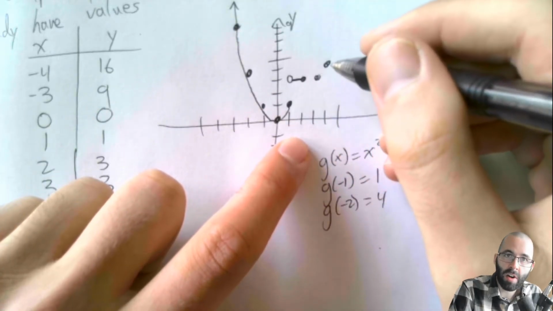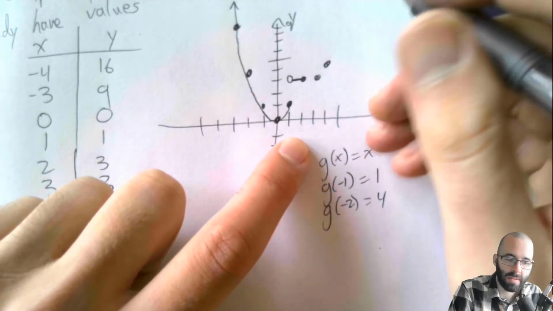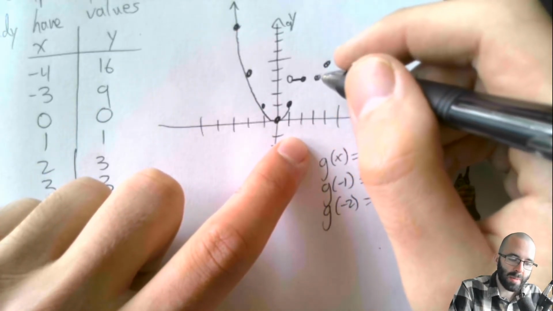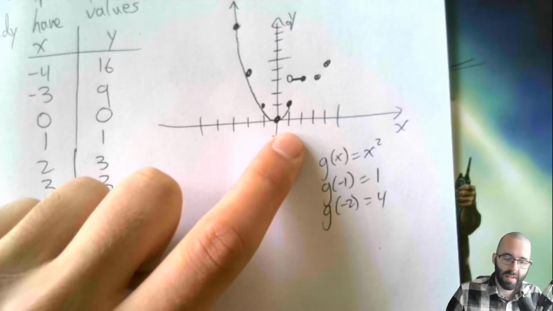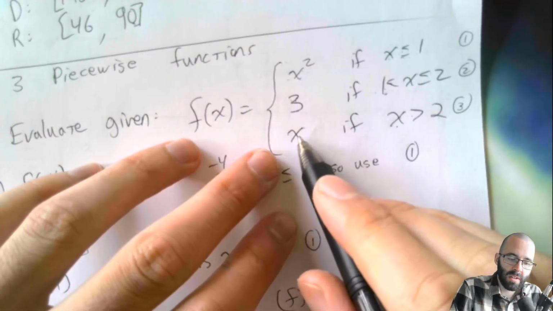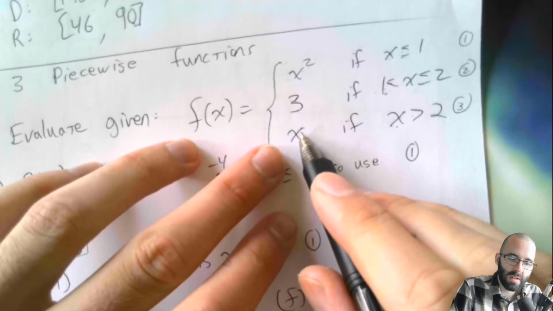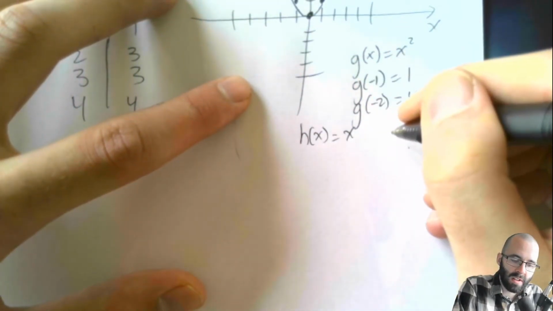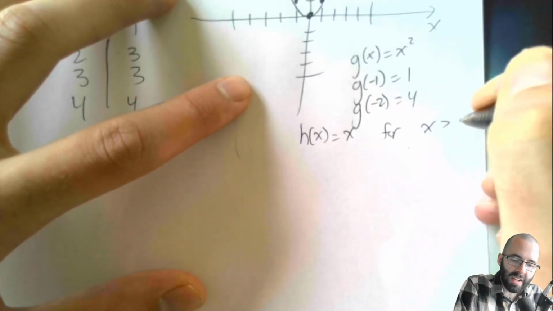Graphing this is probably going to be the hardest part of the section for many people. And now we just have the last piece. What is that last piece? It says x is bigger than 2. So our last piece is going to be some other function, but this is only when x is bigger than 2.